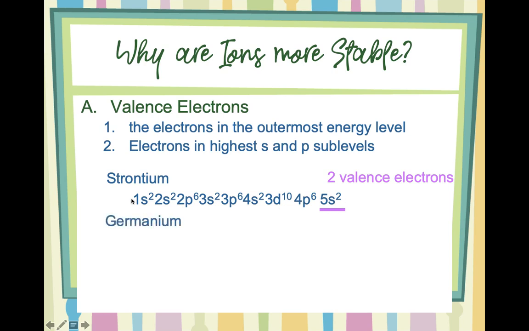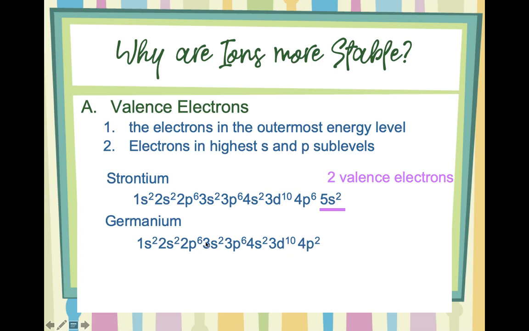Germanium, so starts the same way, 1s2, 2s2. You're looking at your periodic table, 2p6, 3s2, 3p6, 4s2, 3d10, 4p6, 5s2. And then, I went too far. 1s2, 2s2, 2p6, 3s2, 3p6, 4s2, 3d10, 4p2.